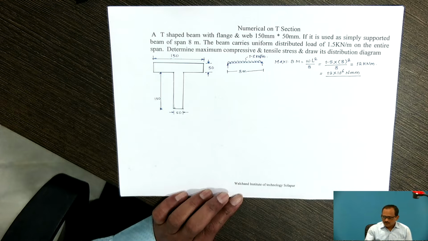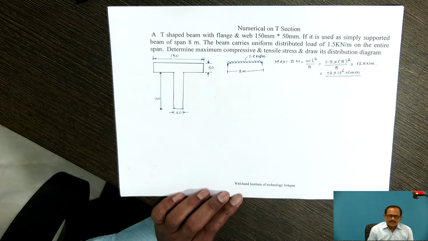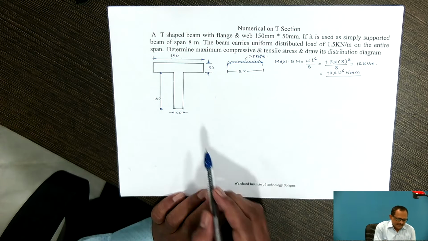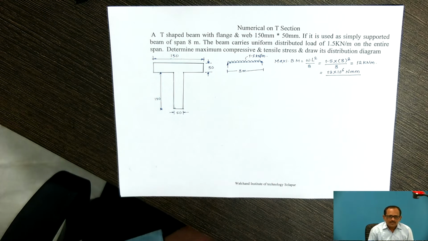Okay. Now, in order to determine the maximum compressive and tensile bending stress, as this particular section is not symmetrical about the centroidal axis or about the neutral axis, first of all we have to determine the position of CG or position of neutral axis.